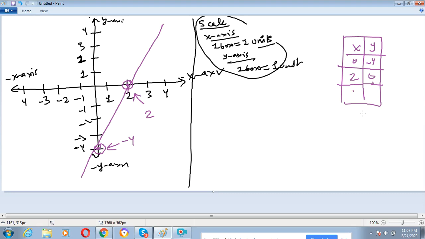So y is equal to negative 10. Yeah, correct. So I'll come to the next part. We are really going behind time.